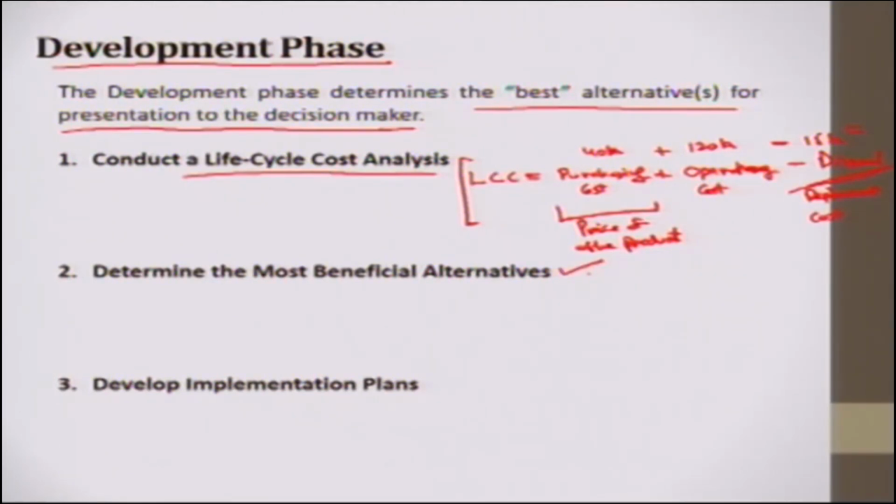Next, we determine the most beneficial alternatives. In evaluating the alternative, the value engineering team should consult personnel who have knowledge about the item function. We consult the expert here, an expert who has the knowledge about the product function, the operational constraints, the operational restrictions, dependability and requirements, and so on.